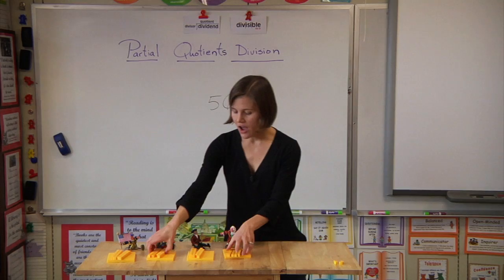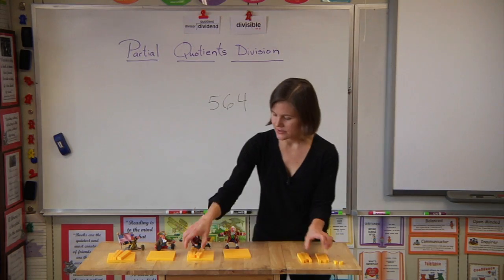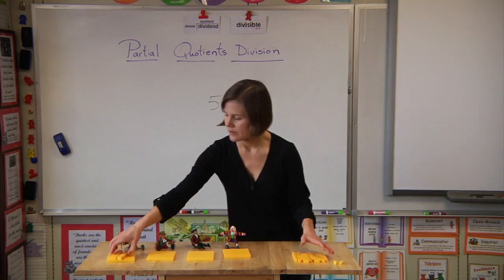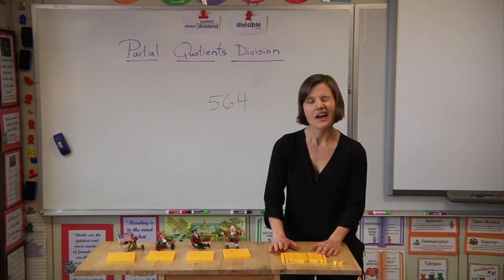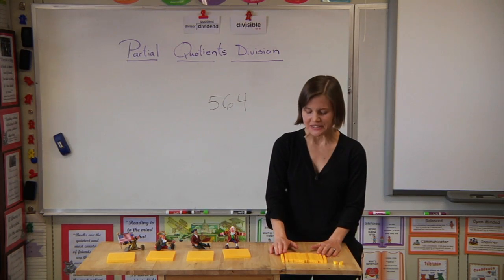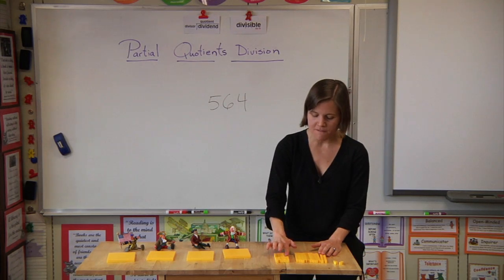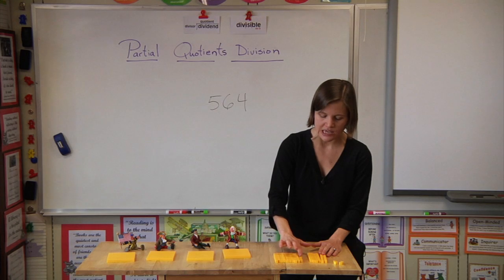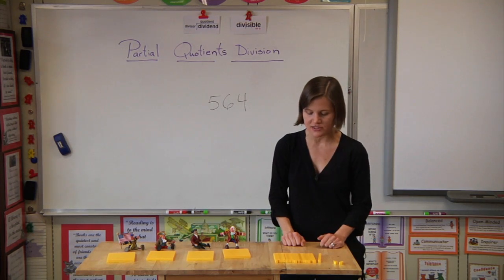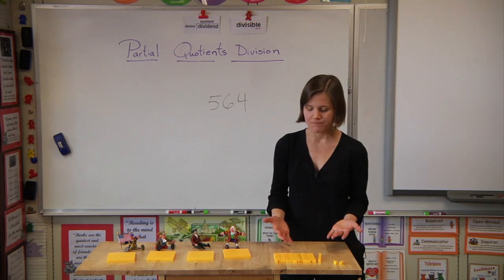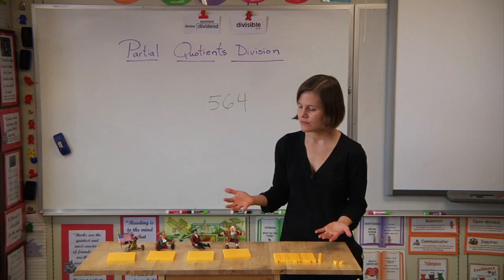Or I could look at my numbers and say, well, I've got 160 pieces of chocolate. I've got 1, 2, 3, 4, 5, 6, 7, 8, 9, 10, 11, 12, 13, 14, 15, 16 rods. 16 of them. And I've got 4 people.